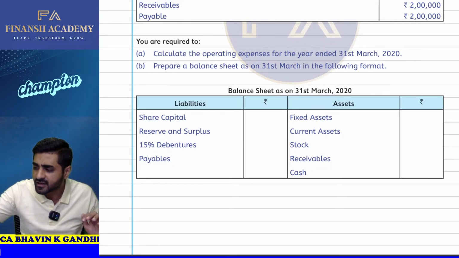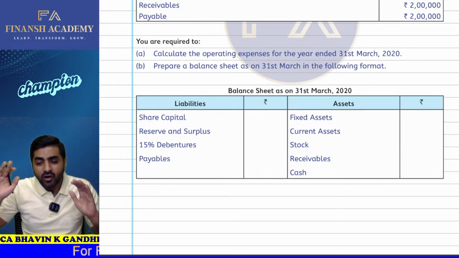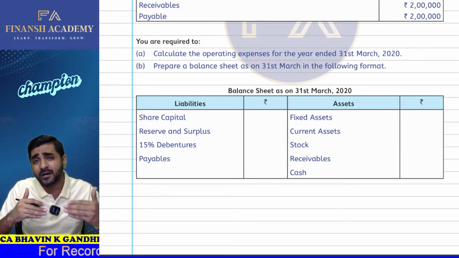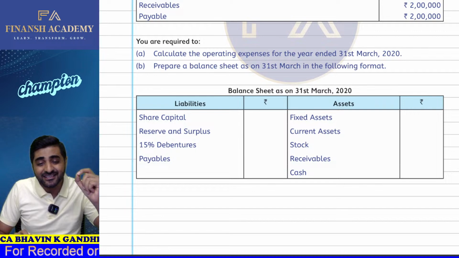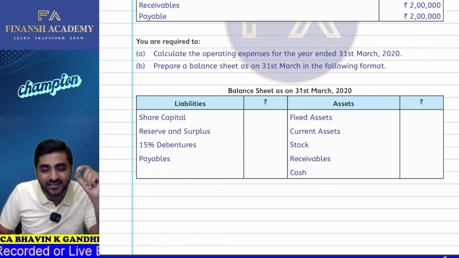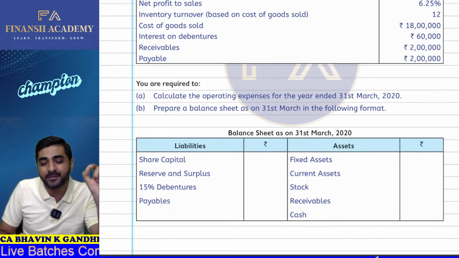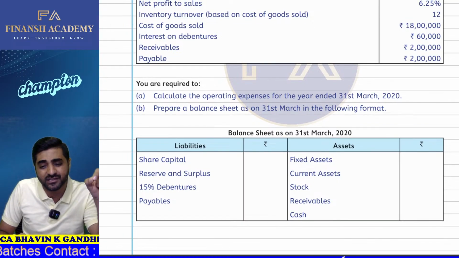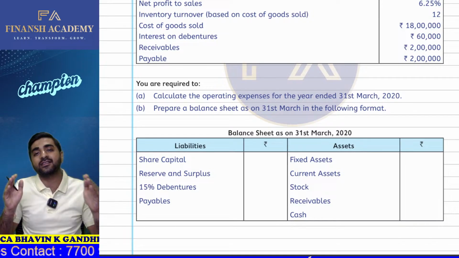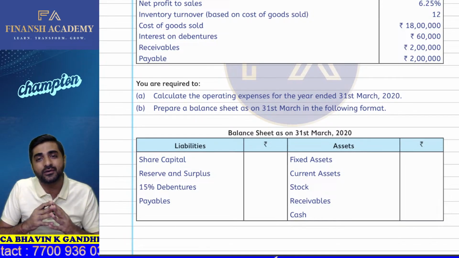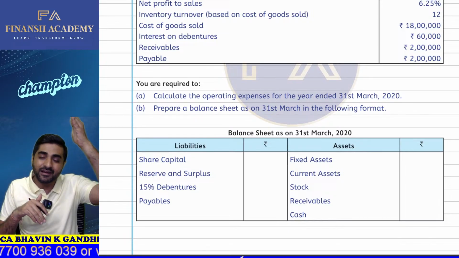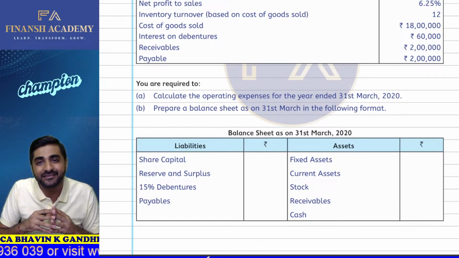Now, my dear students, how are we going to approach this particular question? See, guys, the first thing they have asked you is that we are required to calculate what should be your operating expenses. That's the first part of the question. Now, to calculate the operating expenses, we have to actually prepare the entire income statement.